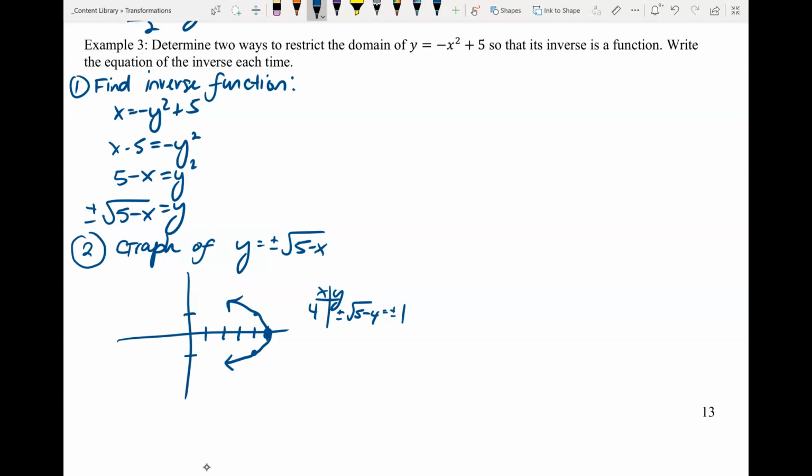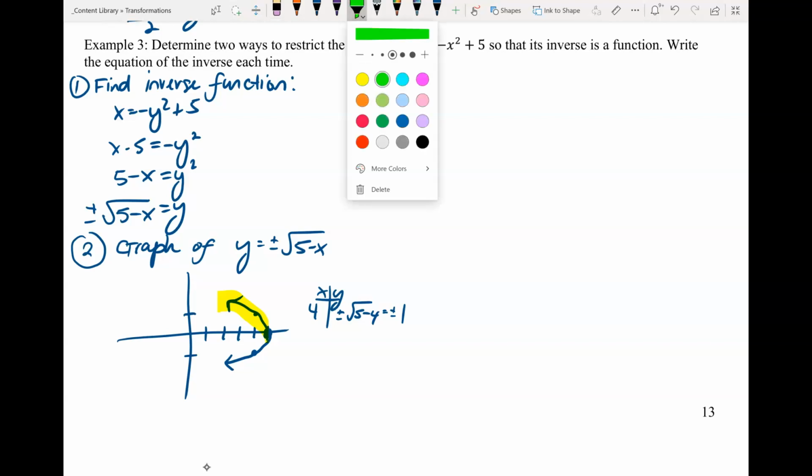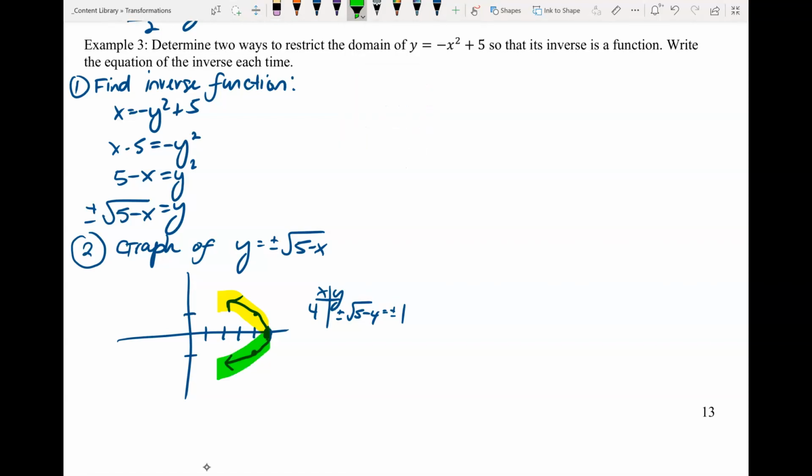So to be a function, we only need to focus on one piece at a time. If I only had this portion of the graph, that is certainly a function. Or if I had just the bottom part of the graph, this is certainly a function as well. So what we're going to do is restrict the range of our inverse function, which would then restrict the domain of the original function.